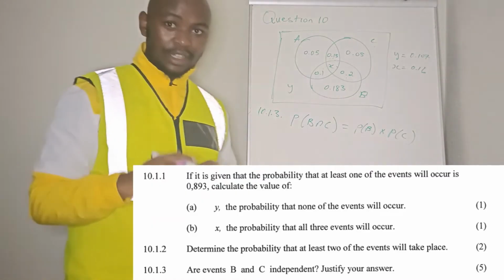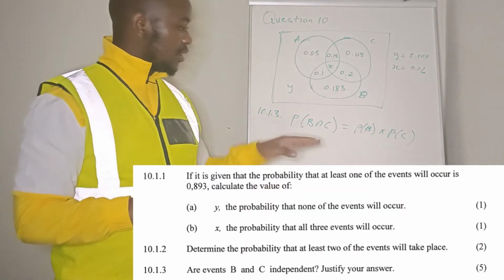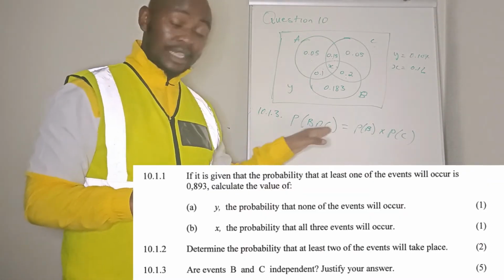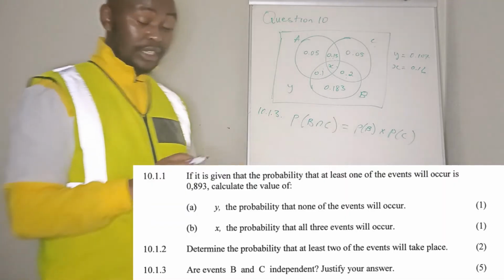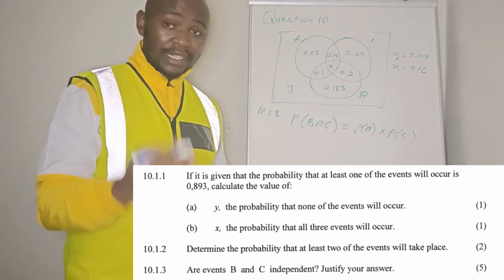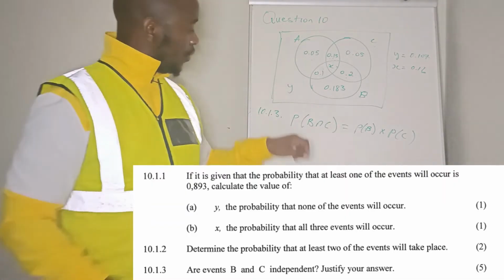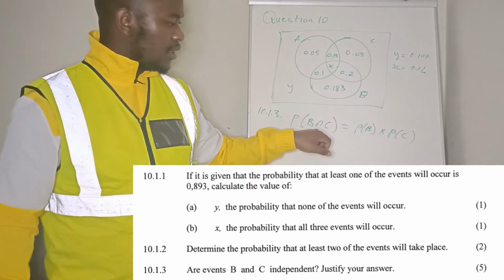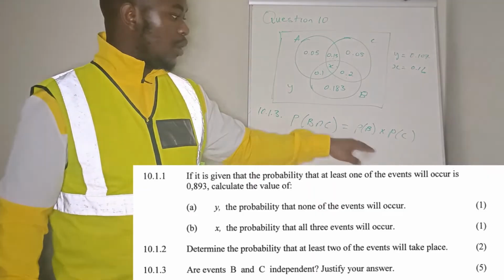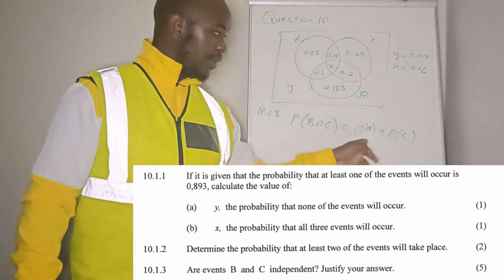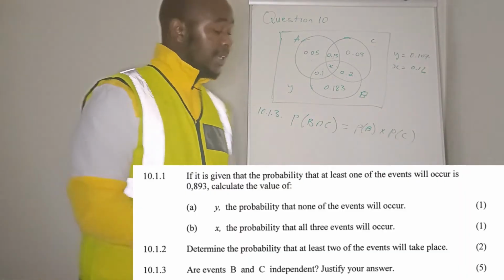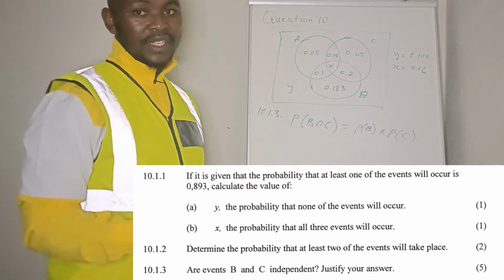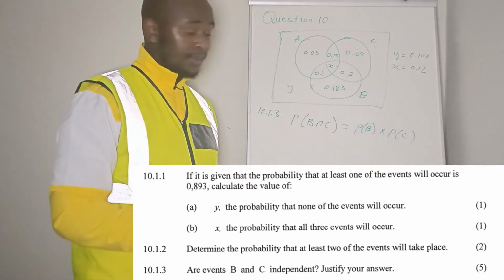So for B and C, the probability of B and C should be equal to the product of the two probabilities. If these are not equal, then the events are not independent.